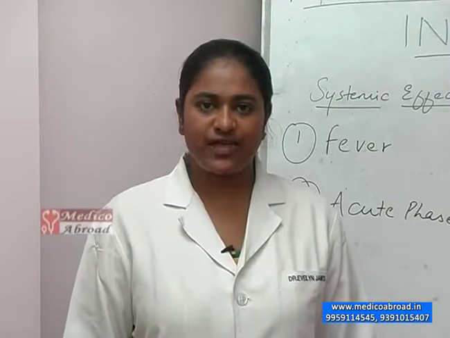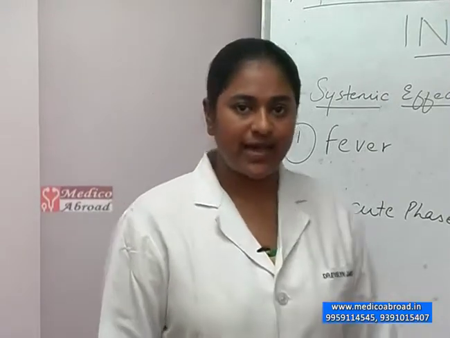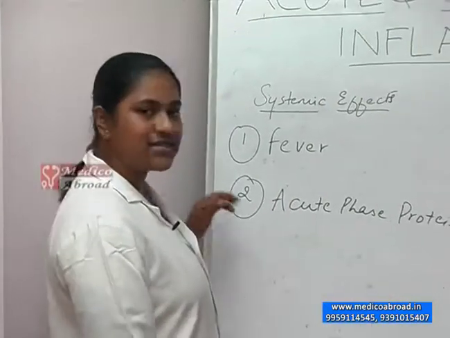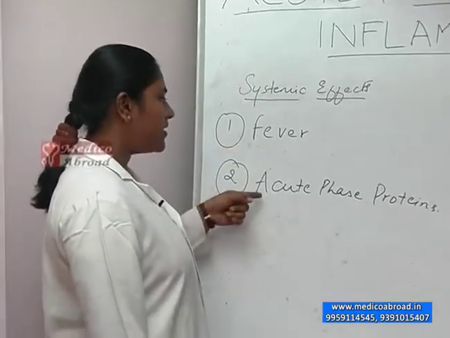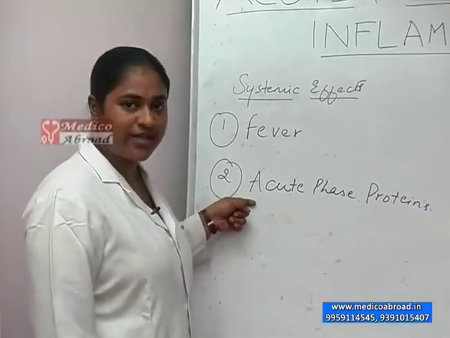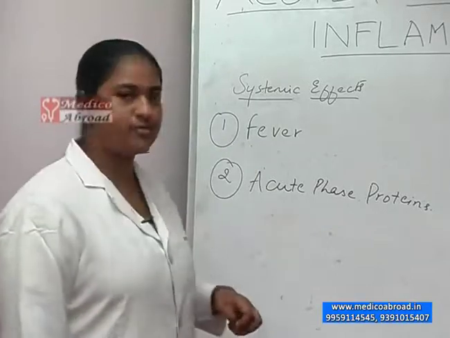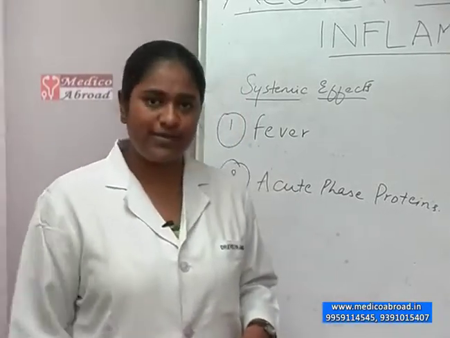The systemic effects of inflammation. We have acute phase reactions characterized by fever and the production of acute phase proteins. Fever is present when you have an acute inflammation.